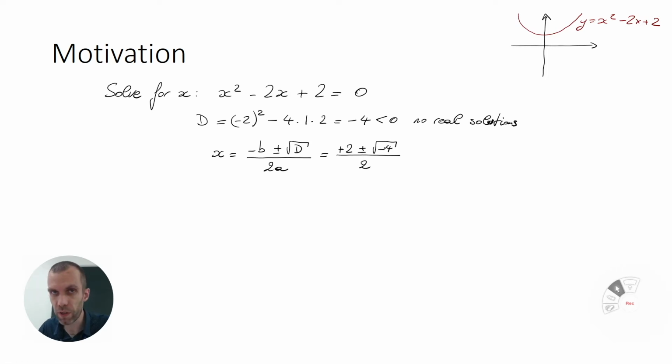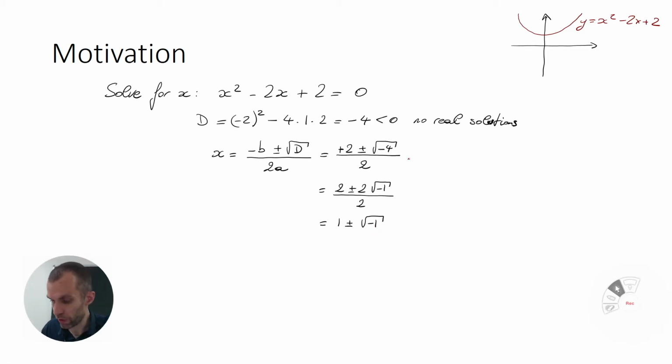And we just pretend that this makes sense. And another way to write this is 2 plus or minus, and now I'm going to take that 4, which is 2 squared, and take it out of the square root. So I get 2 times the square root of minus 1 divided by 2, and that simplifies to 1 plus or minus the square root of minus 1.